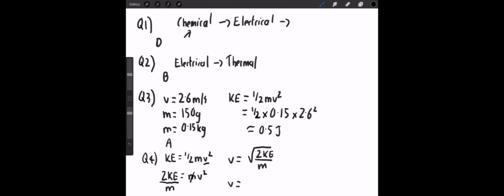And we've got all the information now, so that's the square root of 2 times the kinetic energy, which was 2380, divided by the mass. It's already in standard units, which is 63. So that gives us an answer of about 8.7 or 8.69 meters per second. So your answer for this one is B.